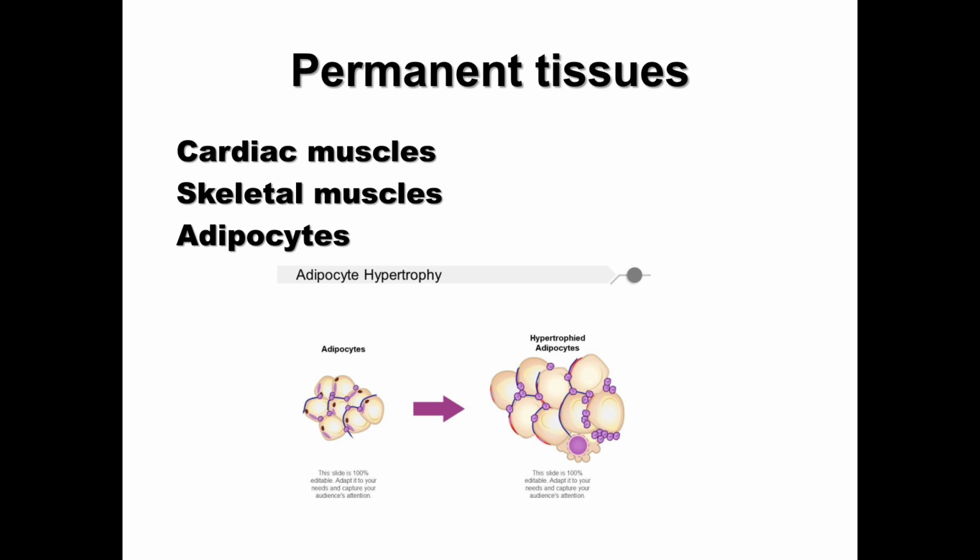Remember that in cardiac muscle there is no hyperplasia, but hyperplasia and hypertrophy can occur together as well, like in the uterus during pregnancy. So they can occur simultaneously, but in cardiac muscle there is no hyperplasia. You see, I have given a diagram of adipocyte hypertrophy. So they get enlarged in their size. I hope you understand it.